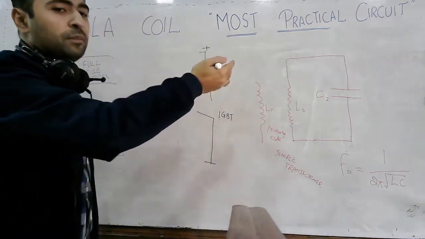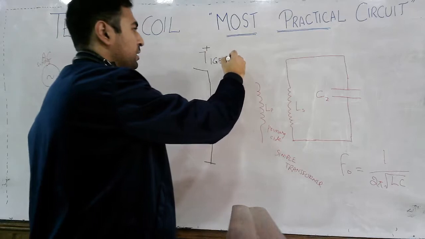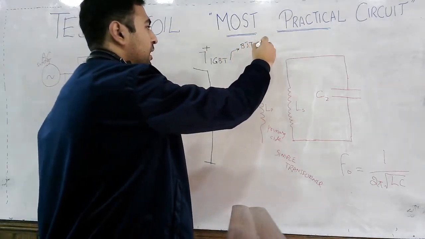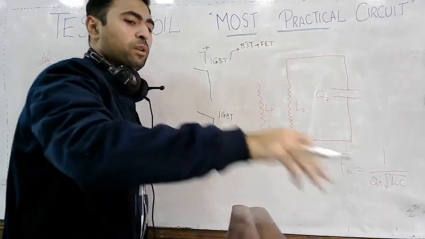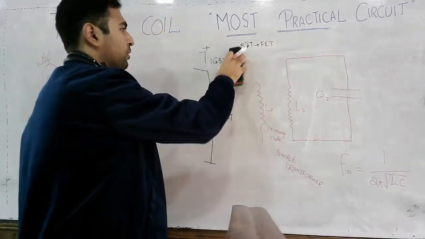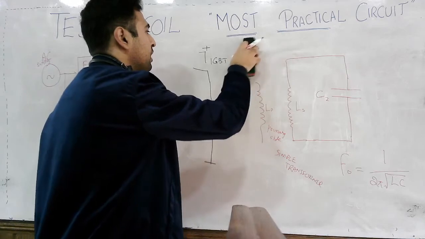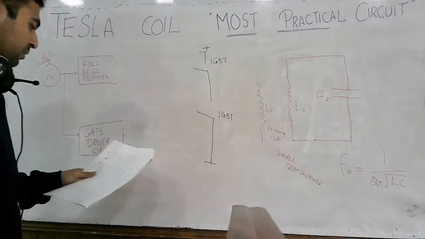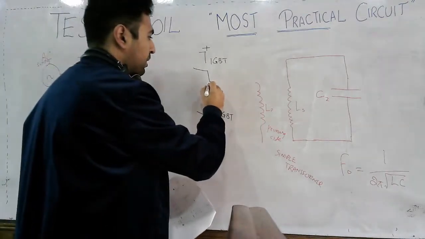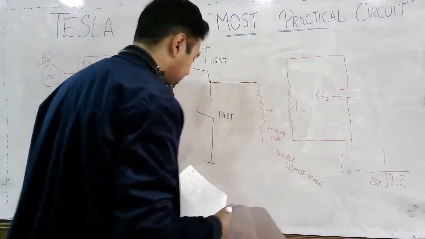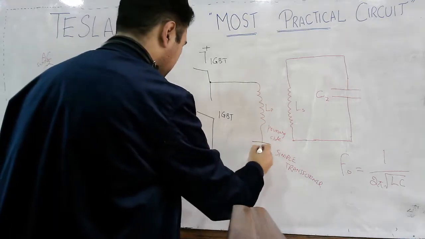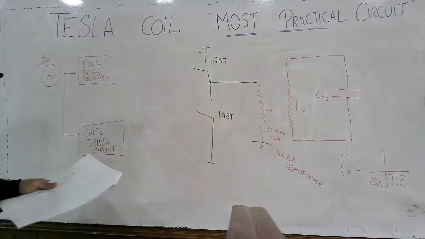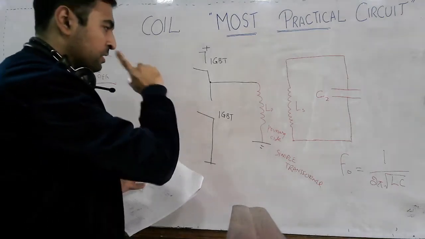And you know what an IGBT is? An IGBT combines the benefits of BJT as well as the FET. You know this from your previous knowledge of power electronics. That's why we are using the IGBTs. And we are going to supply it to the primary winding.